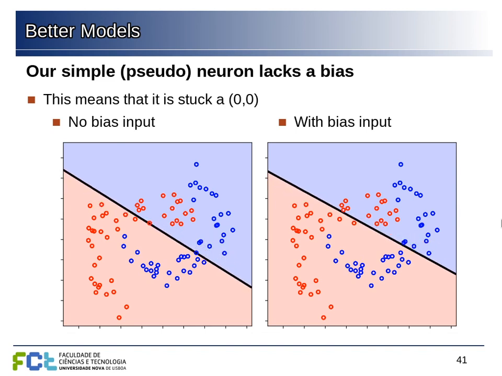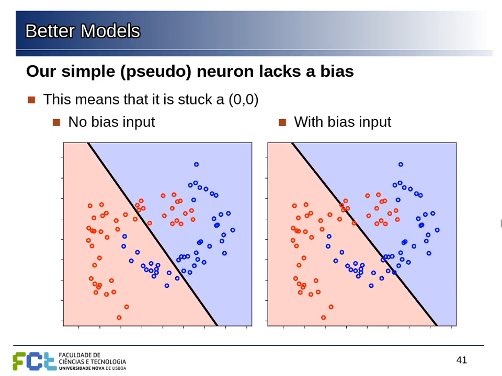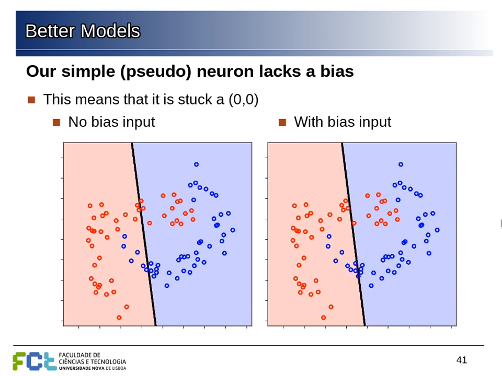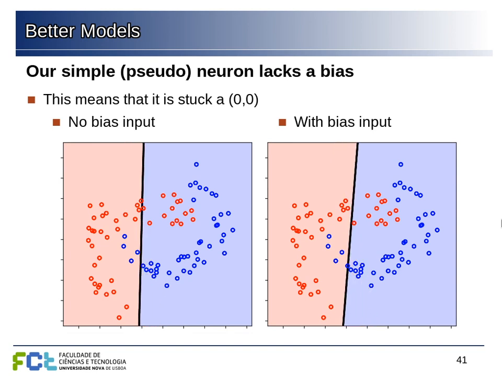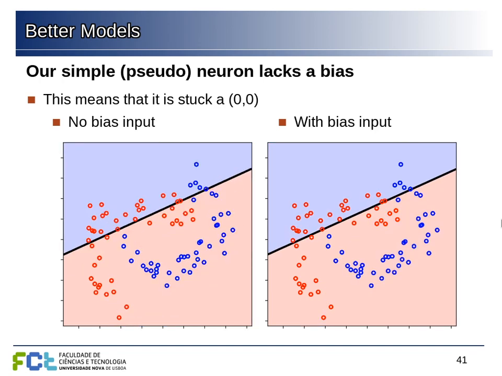So it eventually moves a bit more to one side or the other as needed. In this example it doesn't move much because the data is centered, but if you look carefully, you can see some slight shifts. The idea is that without this bias, everything is pinned to the center of coordinates, because if the input is 0, you can only have one output, for example 0.5 on the sigmoid.